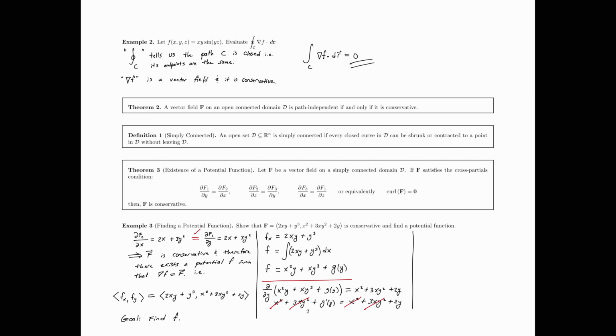This tells us that the derivative of g has to equal 2y, which means that g of y has to be the integral of this, which is y squared plus c.